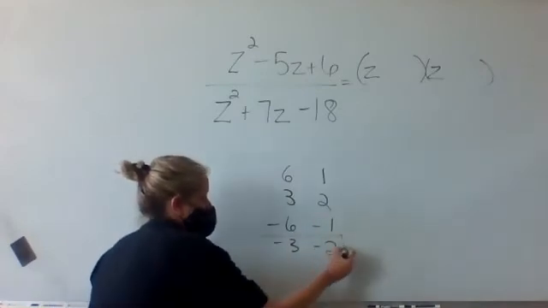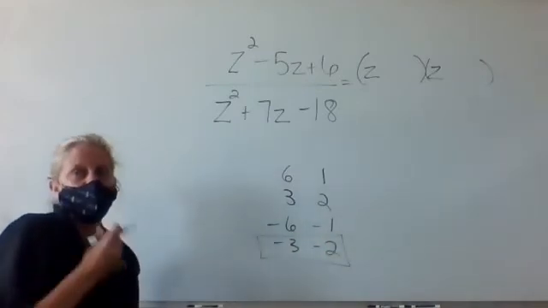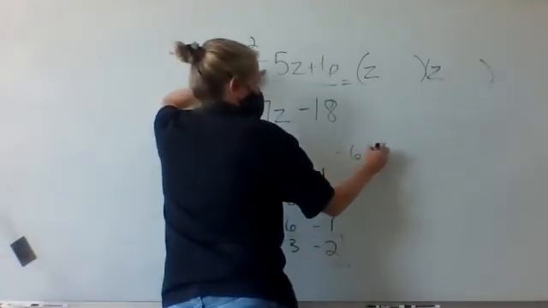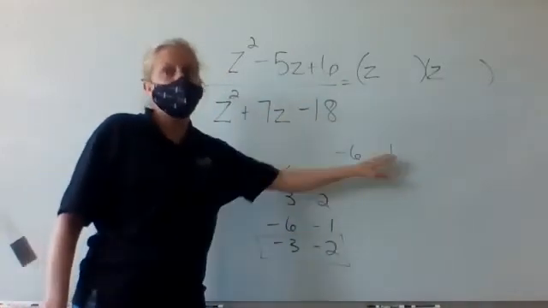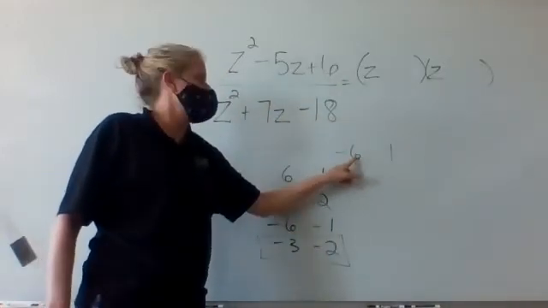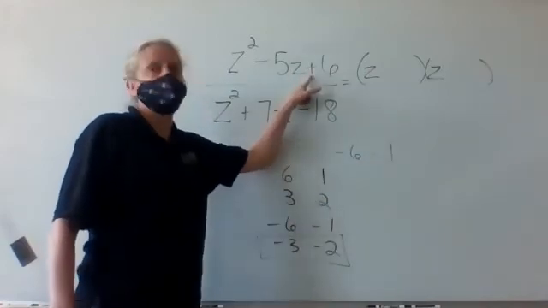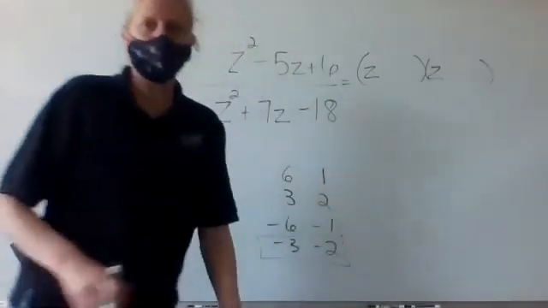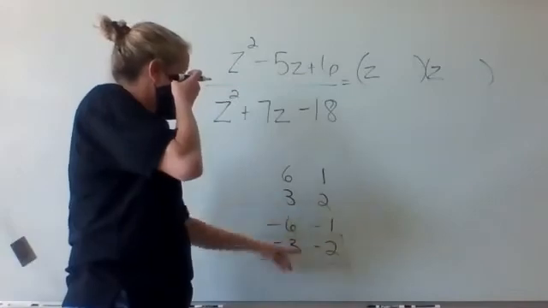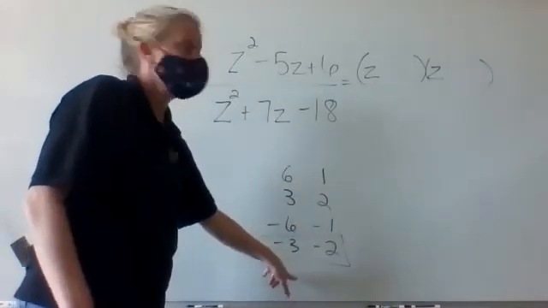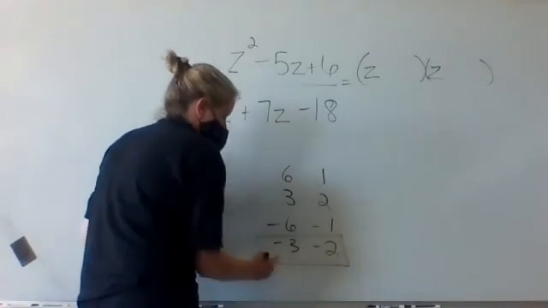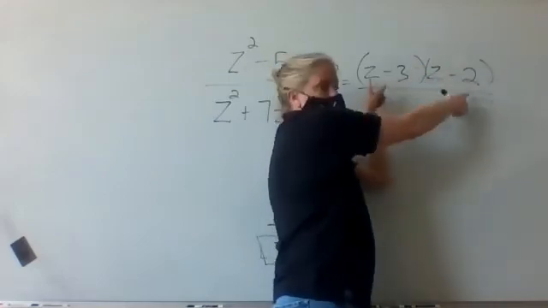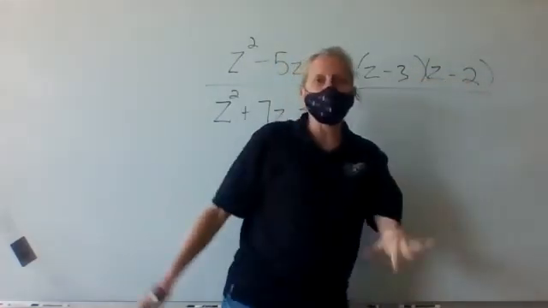The way that people mess this one up is they say, to get negative 5, I can use a negative 6 and a positive 1, because that does add to negative 5. But what does that multiply to? Negative 6, not positive 6. So be careful. Your signs have to fit the rules. The one pair that multiplies to positive 6 and also adds to negative 5 is negative 3, negative 2. It doesn't matter where these numbers go. They just have to have the right sign with them.